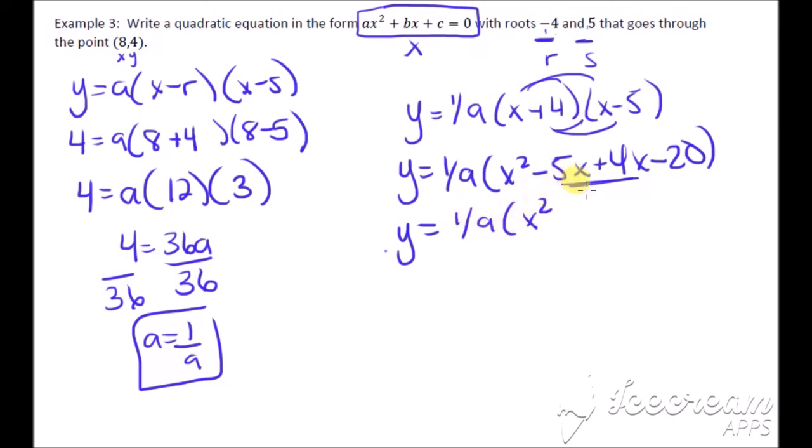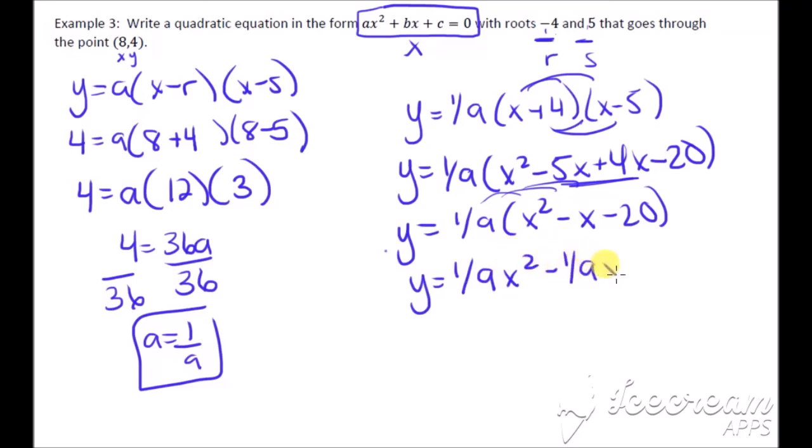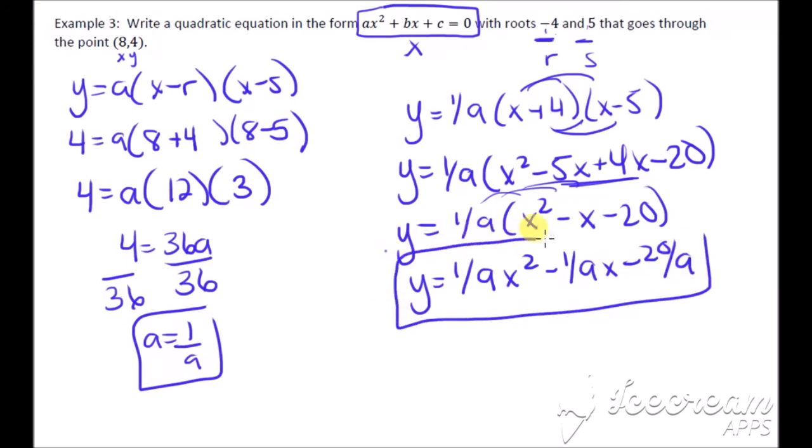So we get negative 5x plus 4x, I get negative x. And now let's expand that 1/9 into the bracket. That's just multiplication, so I won't slow down there. And that is our quadratic equation in standard form with these two roots that goes through this point.